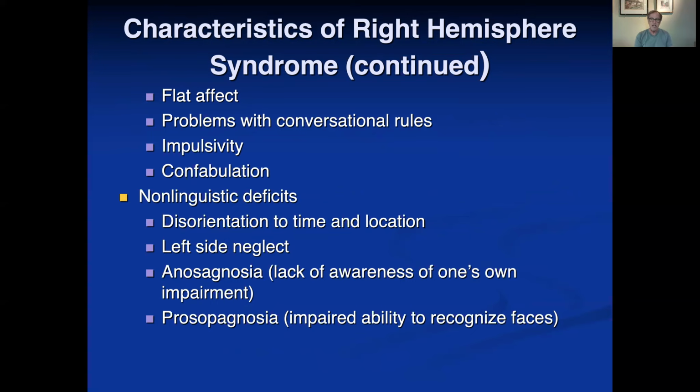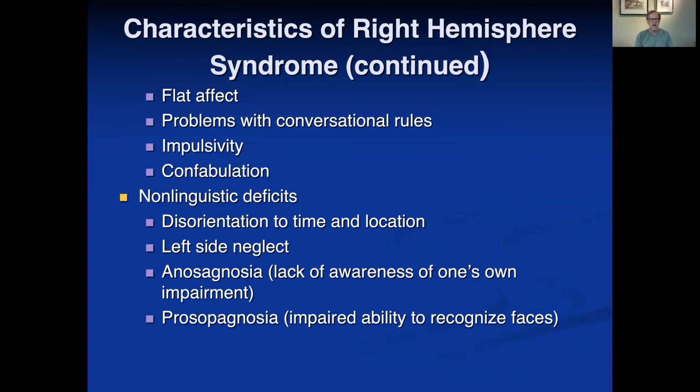They have problems with conversational rules, the pragmatics of it, initiating conversation, saying things that are contingent to what your speaking partner has said. Like, for example, if I said to a person with a minor hemisphere syndrome, something interesting happened to me today, they very well might not say, well, what? Even though they've got the language to do it, they don't have that part of the language to do it. They can tend to be impulsive, and they can tend to confabulate, which means make things up in their expressions.